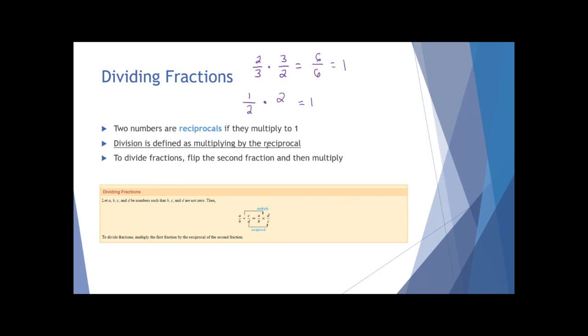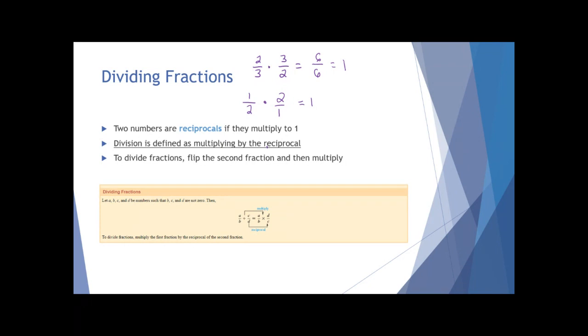Those are reciprocals. 1/2 times 2, you can always write whole numbers as fractions. So if I wrote 2 as 2 over 1, now you can see they're flip-flopped. So in order to divide fractions, we are multiplying by the reciprocal, because division is actually defined as multiplication.